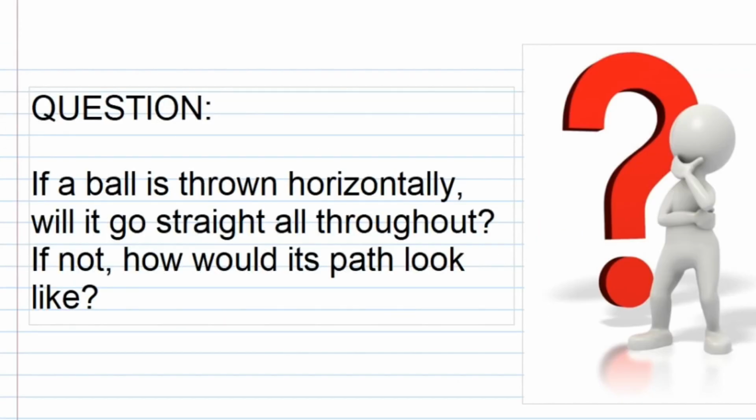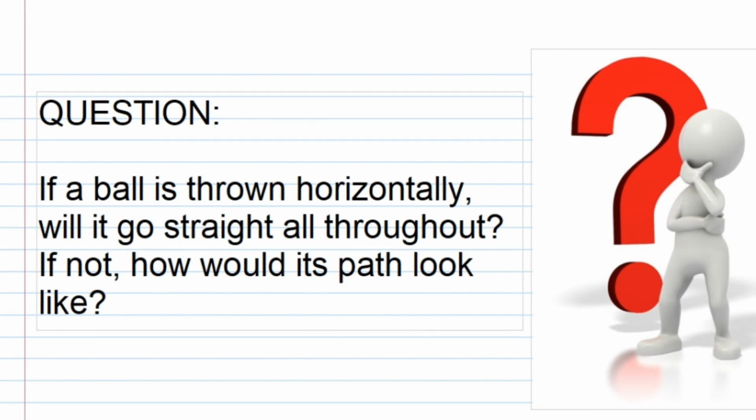So I have a question for you. If, say for example, you throw a ball horizontally, what will happen to that ball? Will it go straight all throughout or not? If not, then how would its path look like? Anyone?